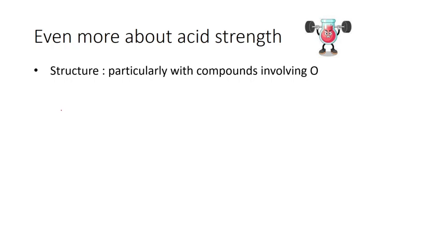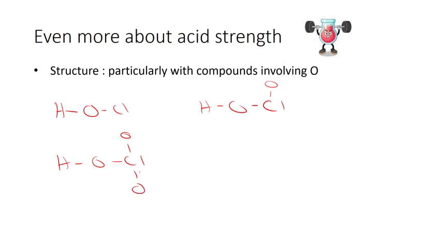The classic example of this is the chlorine oxyacids: you have something that looks like this for hypochlorous acid, something like this for chlorous acid, something like this for chloric acid, and then we get to perchloric acid, which looks like this.